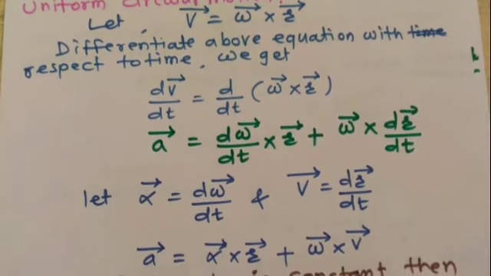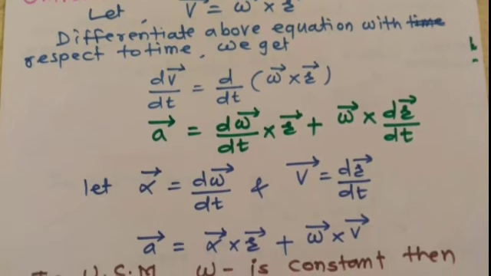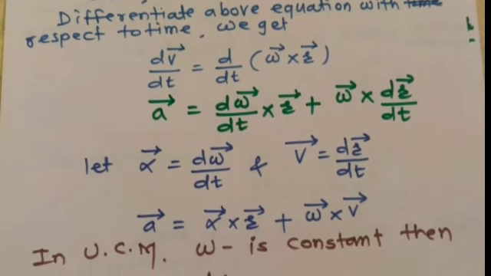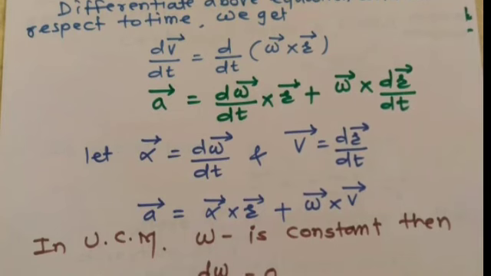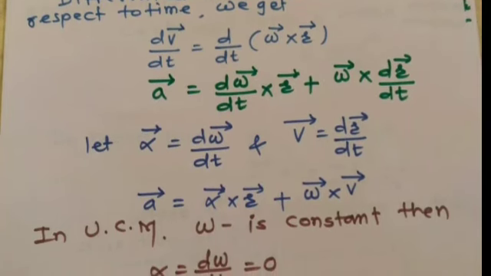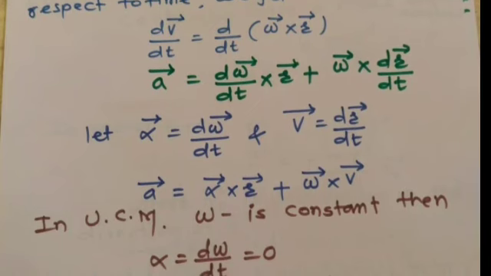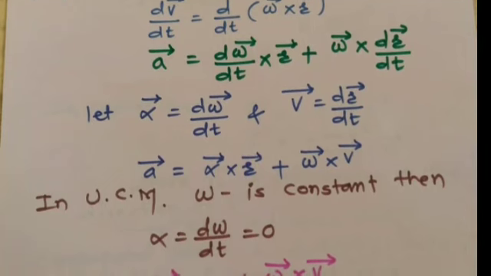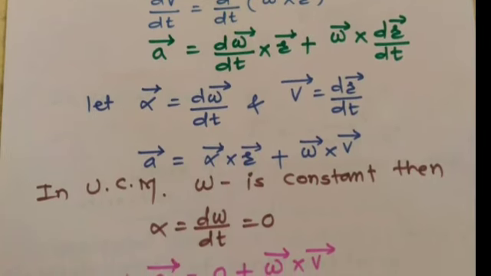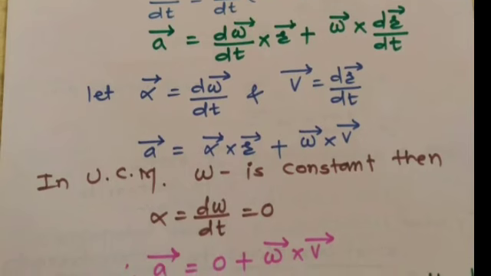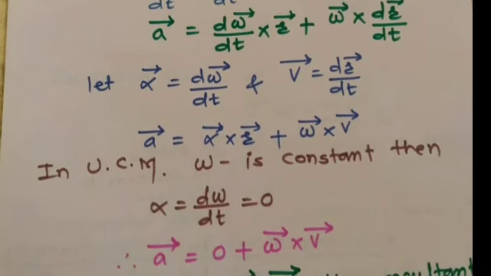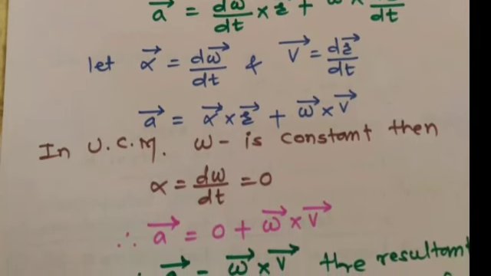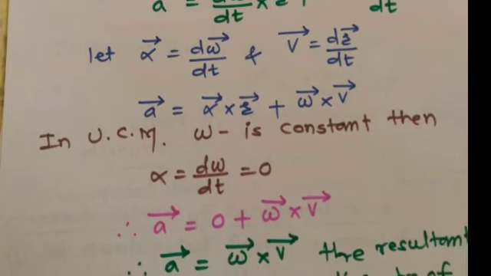We get d vector v upon dt is equal to d upon dt in bracket vector omega cross vector r. Therefore, vector a is equal to d vector omega upon dt cross vector r plus vector omega cross d vector r upon dt. Let alpha equal to d vector omega upon dt and vector v equal to d vector r upon dt. Therefore, vector a equal to vector alpha cross vector r plus vector omega cross vector v.